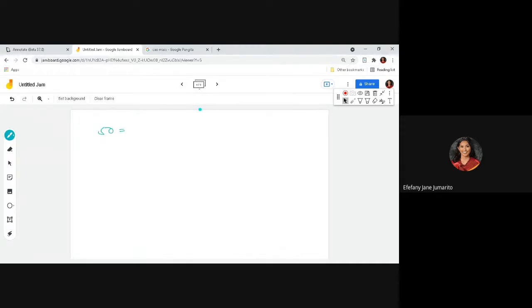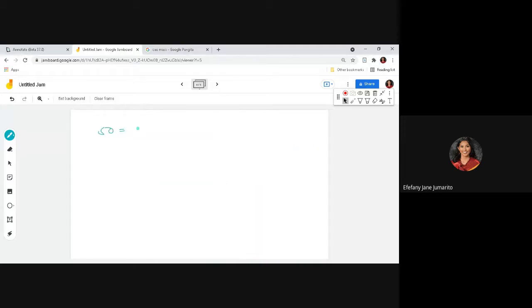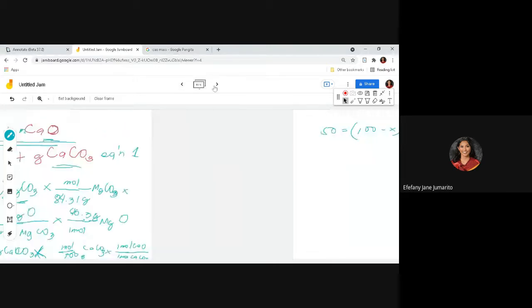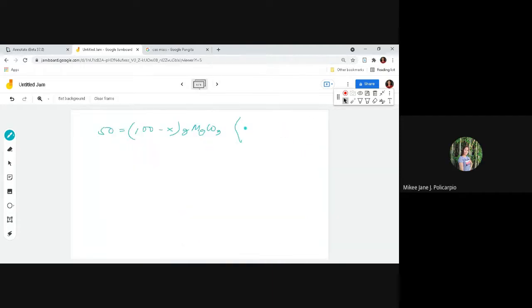50 is equal to 100 minus x grams of MgCO3 times, what is it here? 0.4779 grams of magnesium oxide.